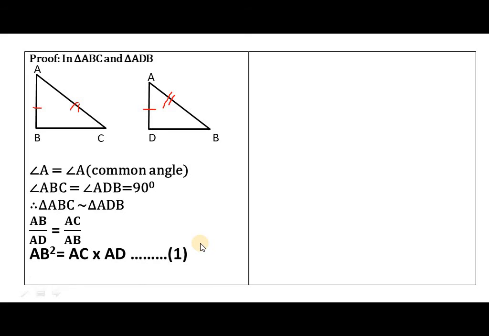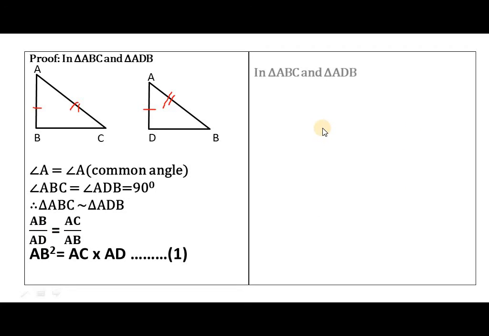Now if you cross multiply, AB into AB, you will get AB square, and AD into AC, you will get AC into AD.